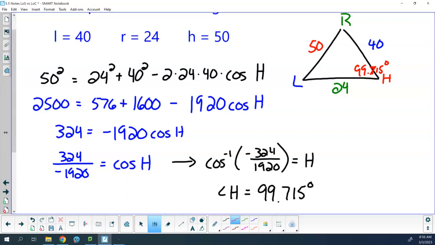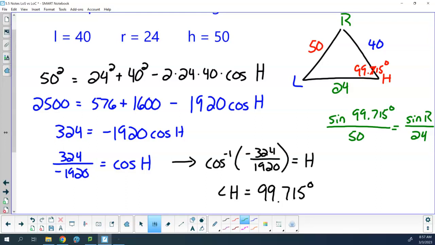So we would say here then that the sine of 99.715 over 50 is the sine of R over 24.